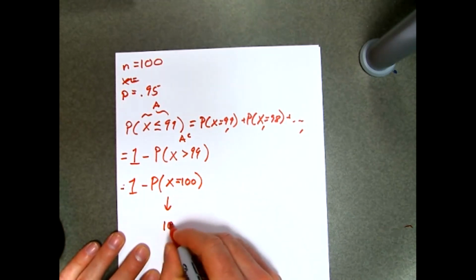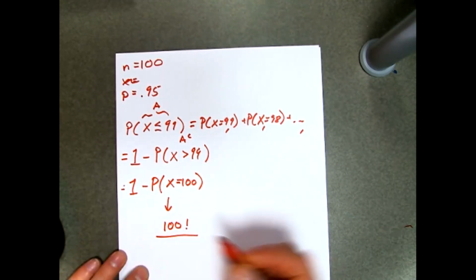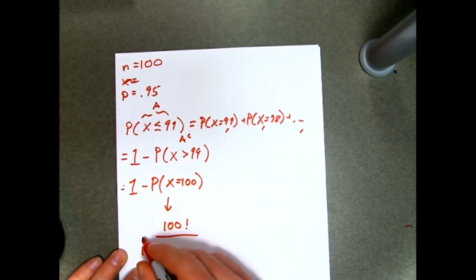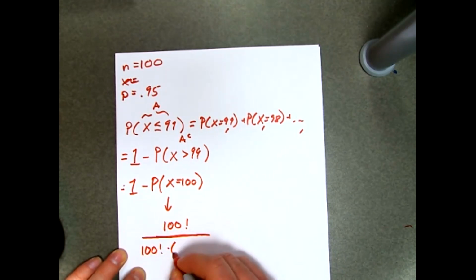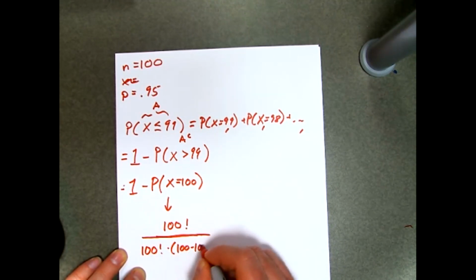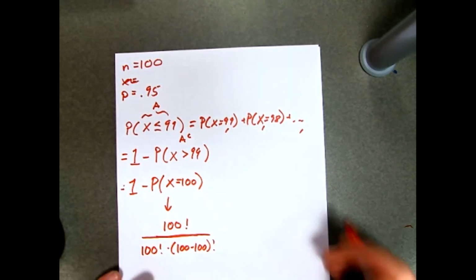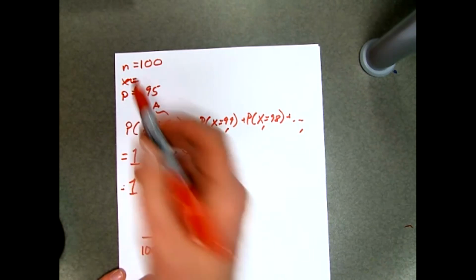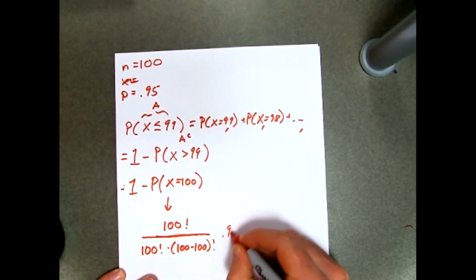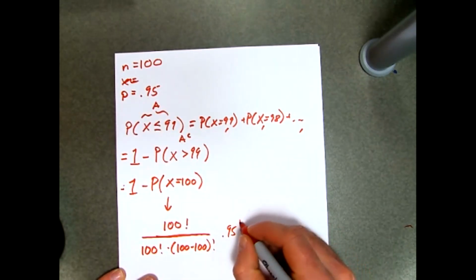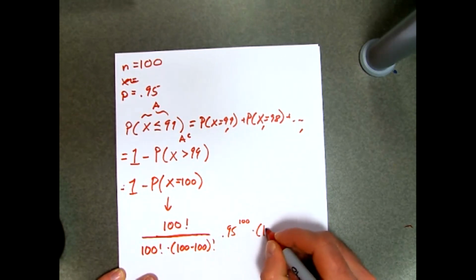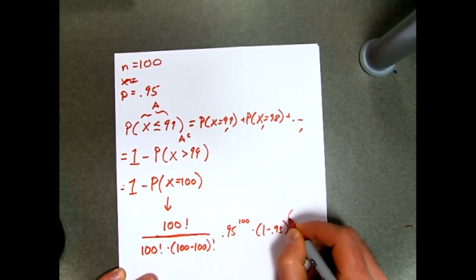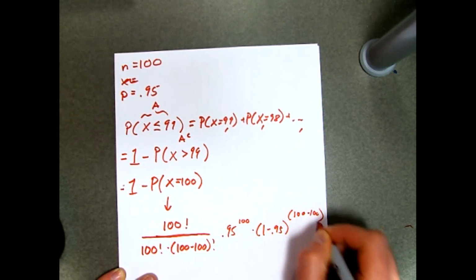So now I do n factorial, so 100 factorial over x factorial times n minus x factorial, because n and x are the same thing now. X is 100, n is 100. Probability of success to the x power, times 1 minus the probability of success to the n minus x power.